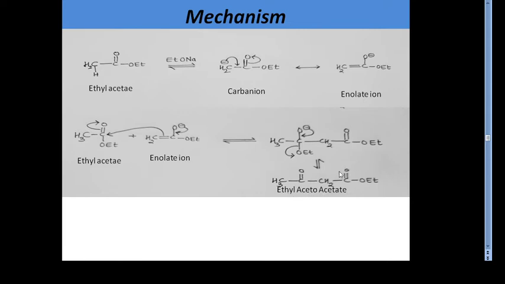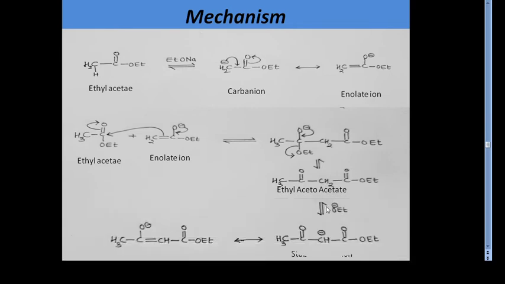Now this ethyl acetoacetate is very reactive. If you have a basic medium, then again this OEt minus will attack the carbonyl group and the reaction will go in reverse. That's why there should be one extra alpha hydrogen here, which will convert that particular ethyl acetoacetate into a stable carbanion.